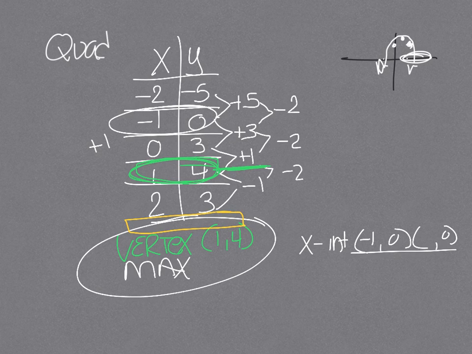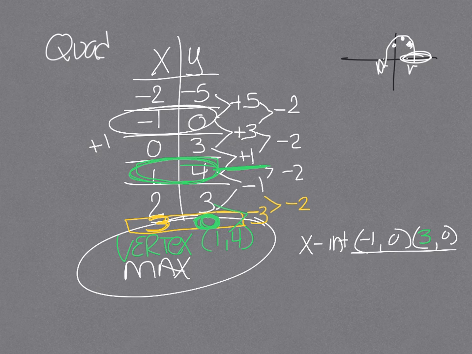What would be the next number? Well, if we're adding 1 to my x's, I know that this is going to be 3 here, right? So now let's just go ahead and do what our pattern's always been doing. We subtract 2. So -1 minus 2 is -3. Okay? So then we say 3 minus 3 is 0. All right? So our other x-intercept is 3, 0.